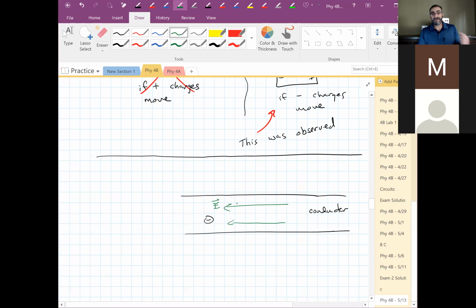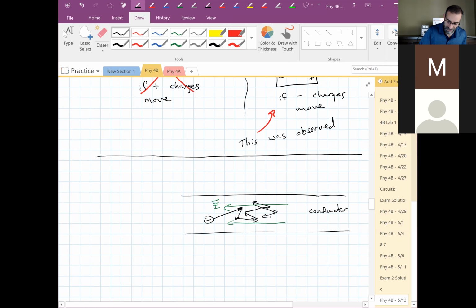The electric field causes the electrons to go in the opposite direction. So this electron starts moving, and it moves until it collides with something, an atom that makes up the metal wire, right? And then it bounces back a little bit, and then it starts moving again. Then it collides with something, and bounces back, and starts moving again.